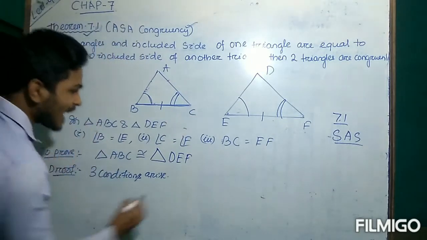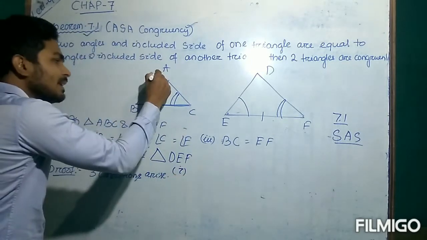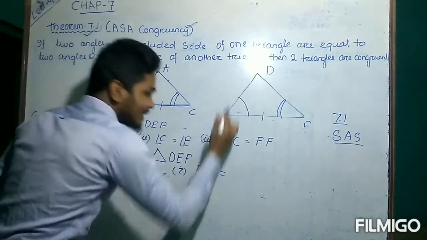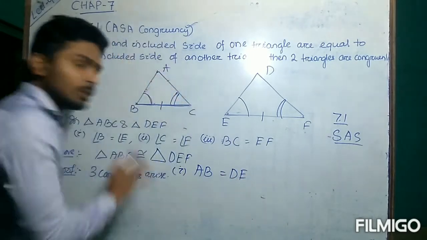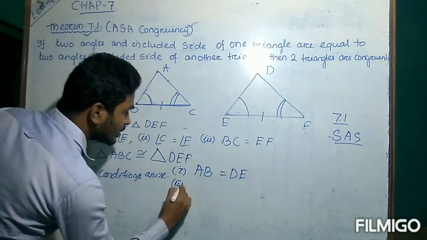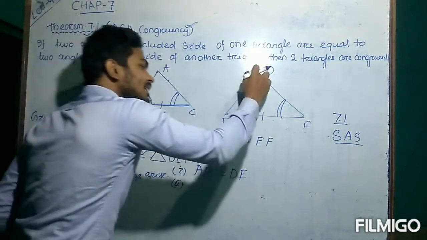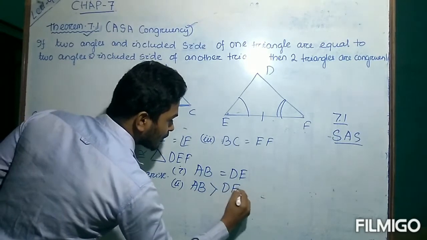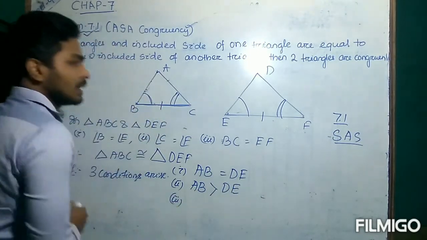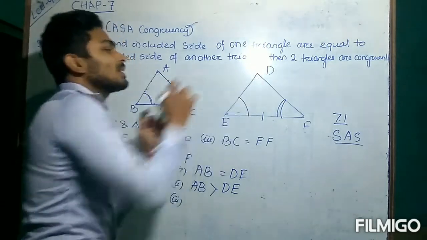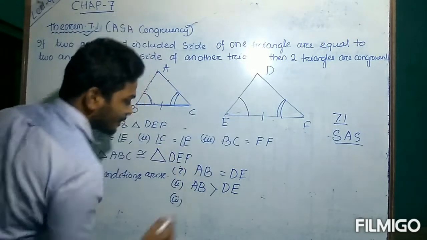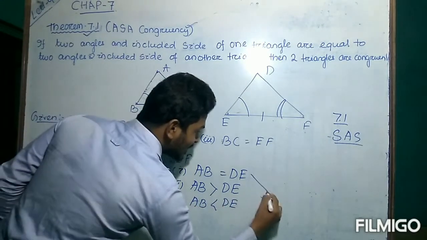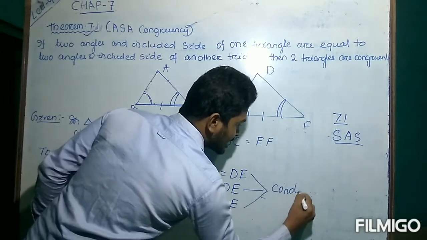Maybe AB is equal to DE, we don't know, or AB is greater than DE, or AB is smaller than DE.